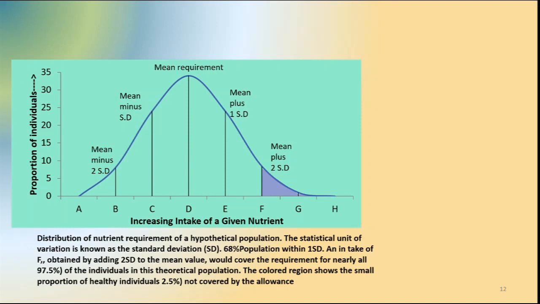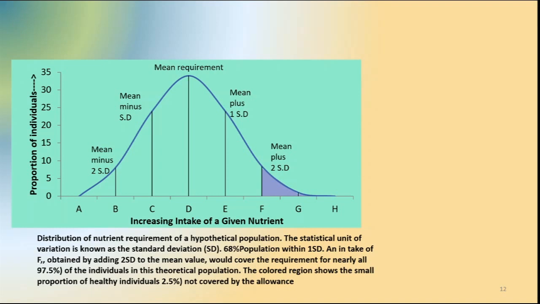Then 97.5% of the population will benefit. So this is the advantage of adding additional nutrient allowance in the diet. But again, the population from F to G, around 2.5% of the total population, will not be able to get enough nutrient even when we formulate with some additional allowance. So in this case, these animals will suffer.